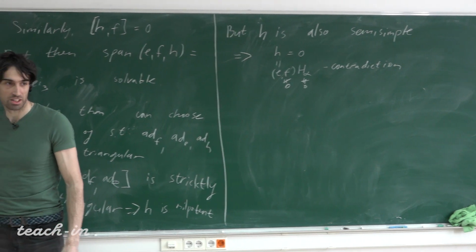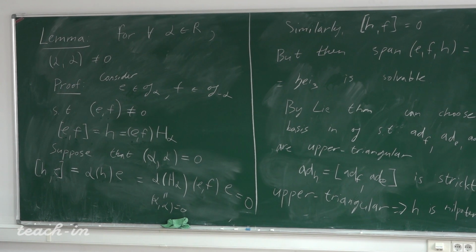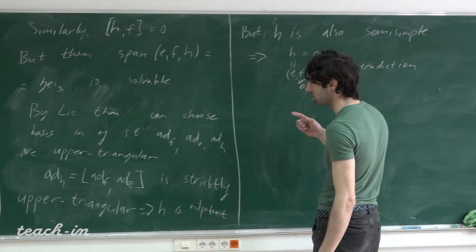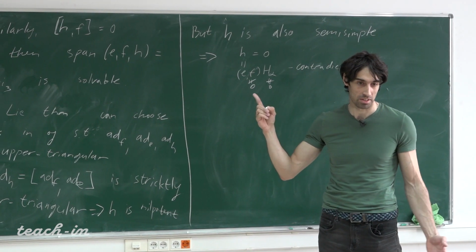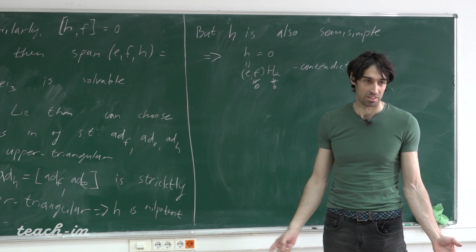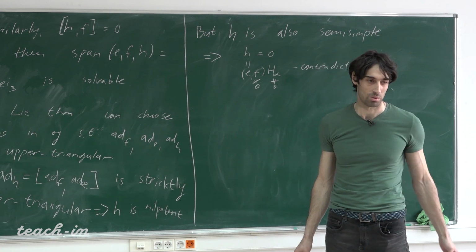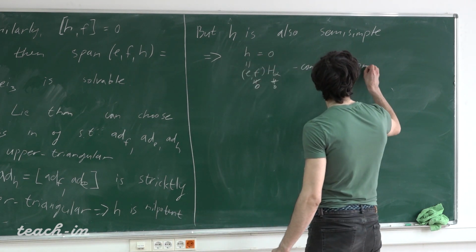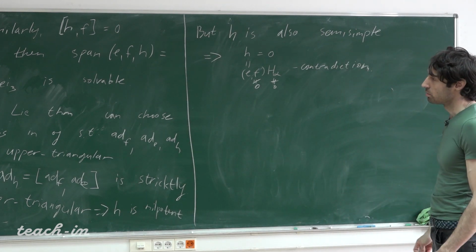This doesn't happen. Can you remind me of why H alpha is not zero? Well, H alpha is not zero because the form gives an isomorphism of vector spaces. You take a root, it's not zero by definition, and of course its image under this isomorphism is not zero. Very well.